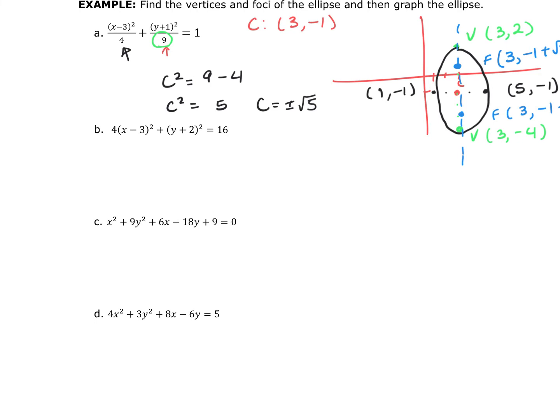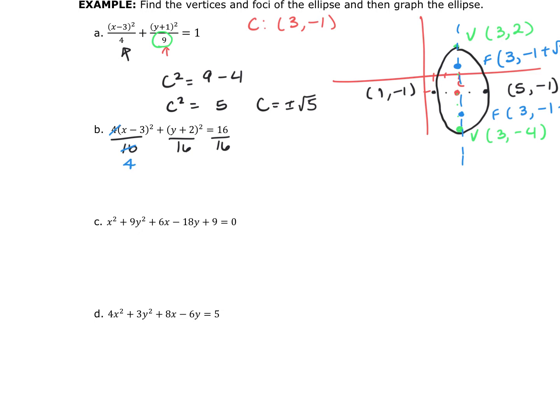B is not in the correct form yet, so before we can even have the conversation of putting it in the correct form, I need to divide everything by 16. And when I divide this first term by 16, I end up with 4, because I need to have the coefficient in the correct form, like this one up above. I need to have a 1 in front of the x squared. I need to have a 1 in front of the y squared term.